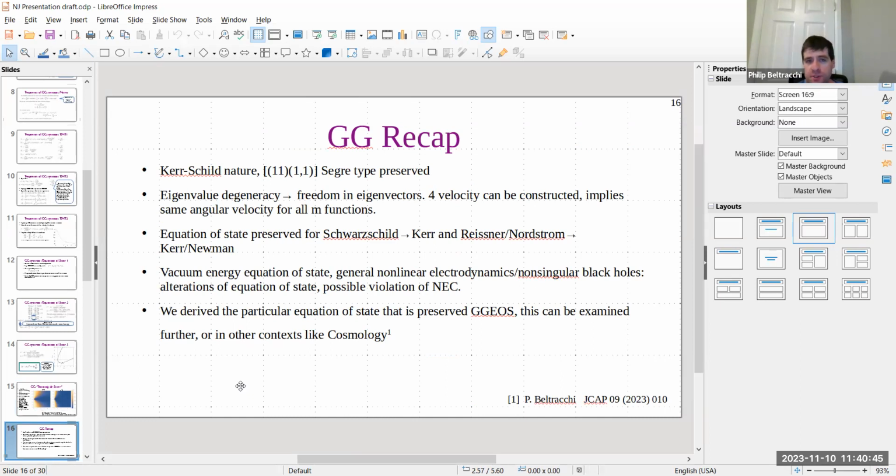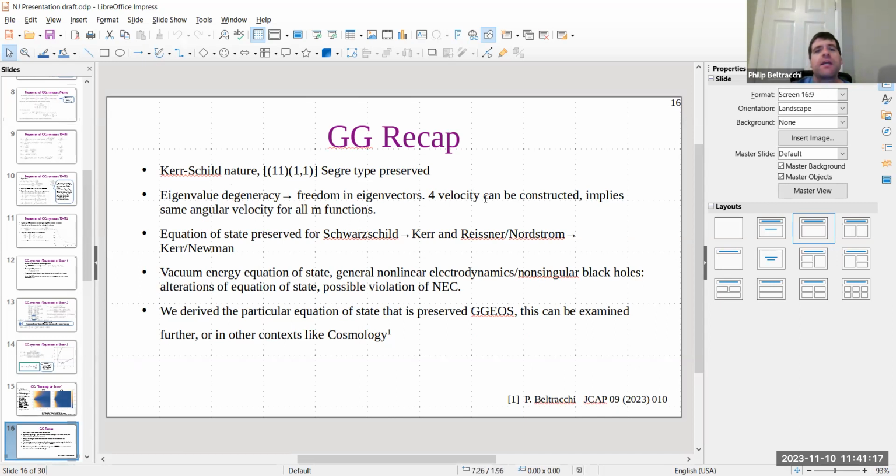We will in general preserve our 1, 1, 1, 1 Segre type between the rotating and non-rotating cases. Although if we were the fully degenerate with 4 eigenvalues, this is in general not preserved unless we are in the identically vacuum case, which would be Schwarzschild to Kerr. Because there is an eigenvalue degeneracy, there is freedom in the eigenvectors.